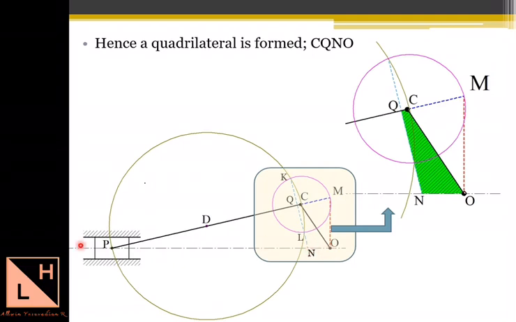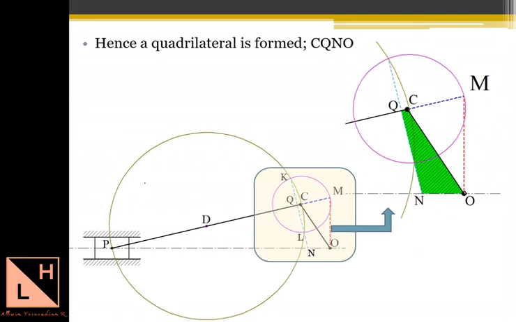So the slider which is moving in horizontal direction will be given as the acceleration PO, because P is going to move towards point O while this crank is rotating in clockwise direction. So this NO of the acceleration diagram will represent the acceleration of point P with respect to O. This also will not have any radial component, nor tangential component, so we'll simply write it as APO.